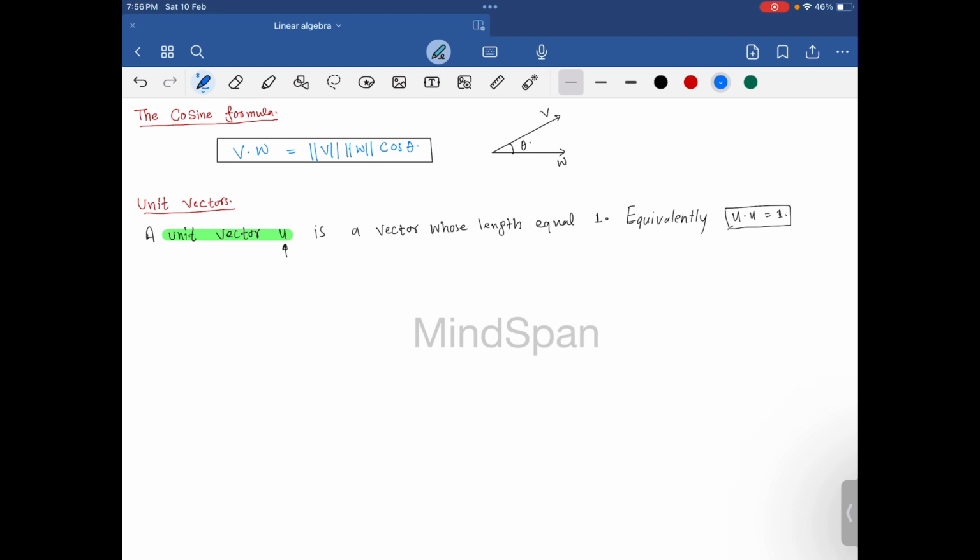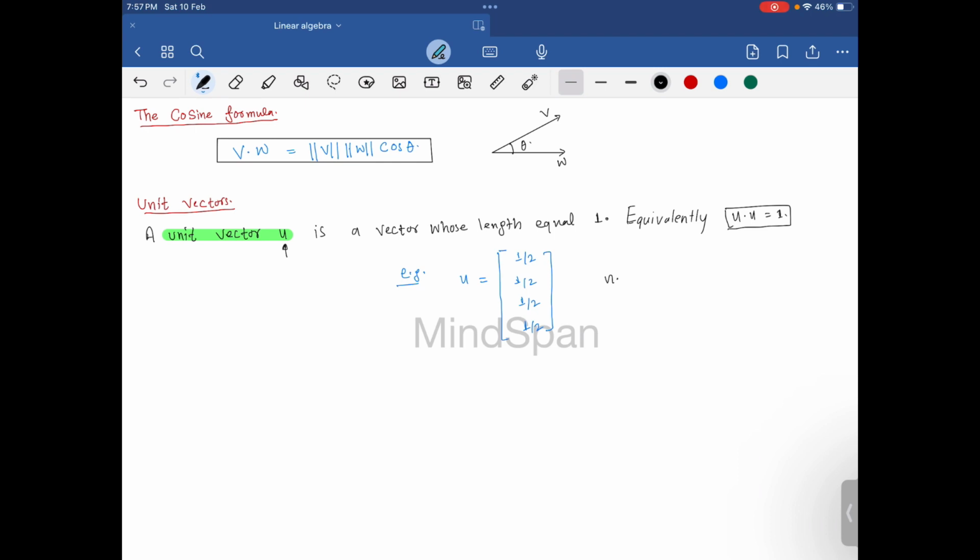So let me give an example for this. Let's suppose we have this vector u that belongs to some 4-dimensional space. If this u is a unit vector, then it will have the components 1 by 2, 1 by 2, 1 by 2, and 1 by 2. Now if we find the length of this vector u, what you will get is 1.